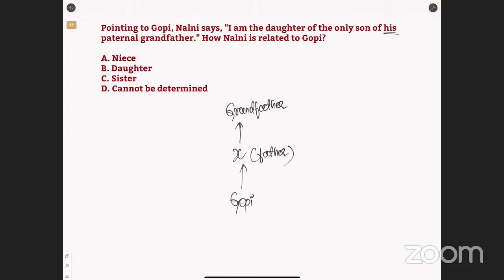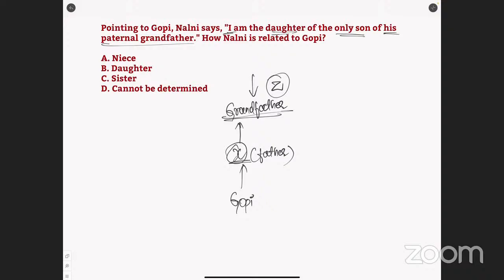Nalini is the daughter of the only son of his paternal grandfather. Now, this is interesting. This paternal grandfather has only one son apparently. We already have determined that Gopi's father's father is this person. Let's call them Z. And this Z has only one son, and it cannot be anyone else other than X, who is in fact Gopi's father.